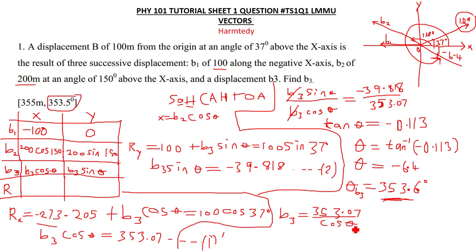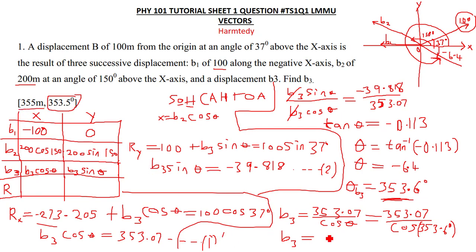So you put your theta where there is theta here, so you say cos 353.6, so we're going to say 353.07, divide everything by cos 353.6 degrees, which is just going to give you B3 being equal to 355.1, which is just the same as 355 there.